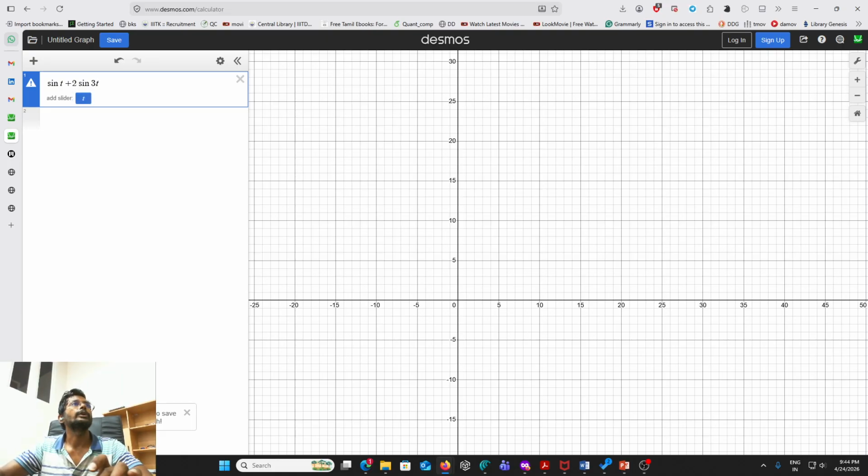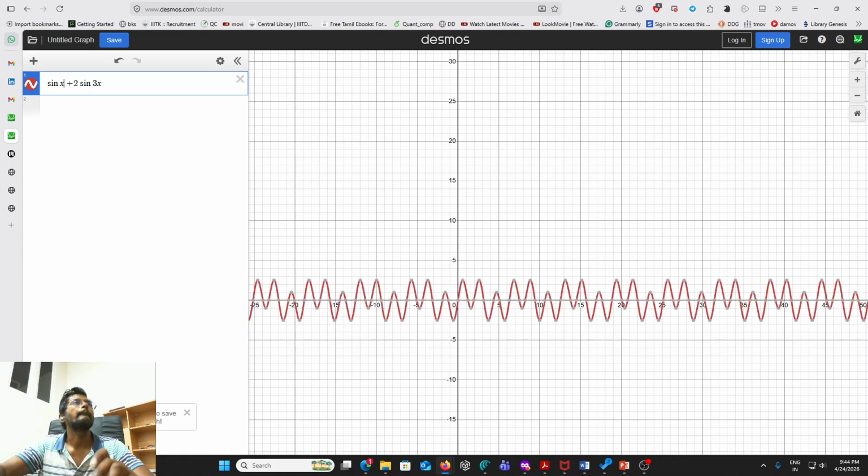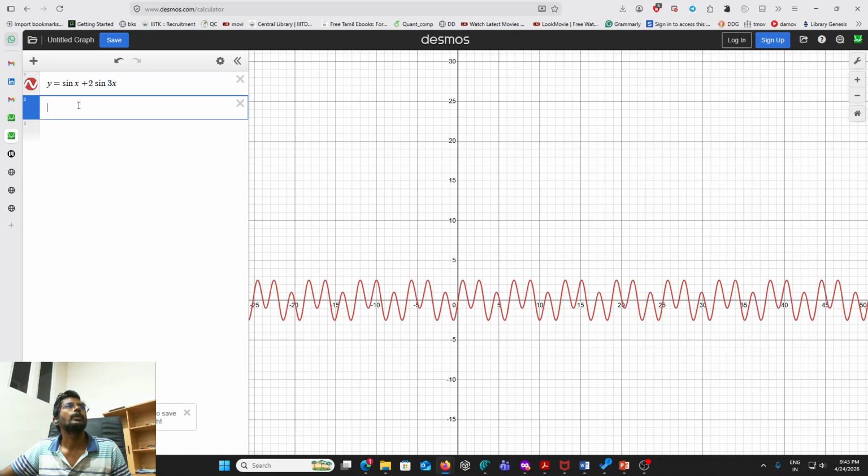I think here I should give it as x. So y is equal to, for example, if I just draw y is equal to sine x, let me hide it for a while.